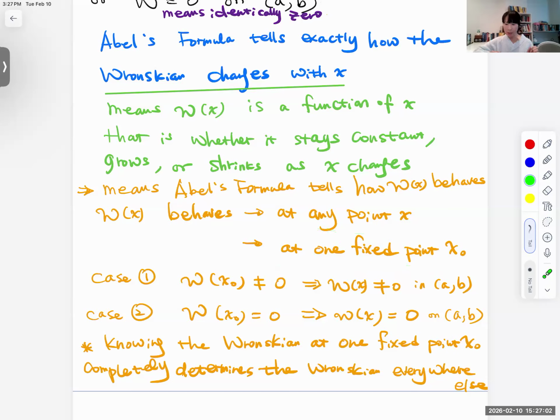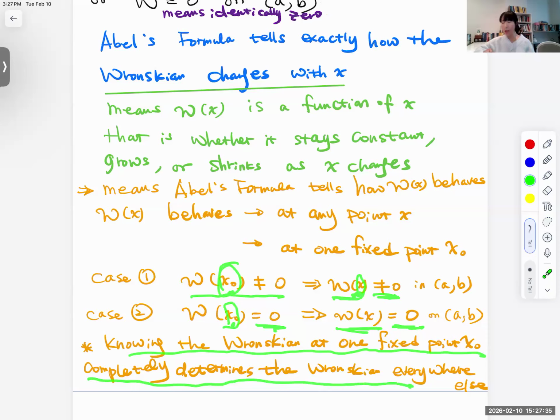Then they say that if the Wronskian is equal to 0 at the fixed point x naught, then the whole Wronskian everywhere in x is equal to 0. If the fixed one equals 0, then everything equals 0 as well. Okay? So knowing the Wronskian at one fixed point x naught completely determines the Wronskian everywhere else. Makes a little bit of sense? All right, good.